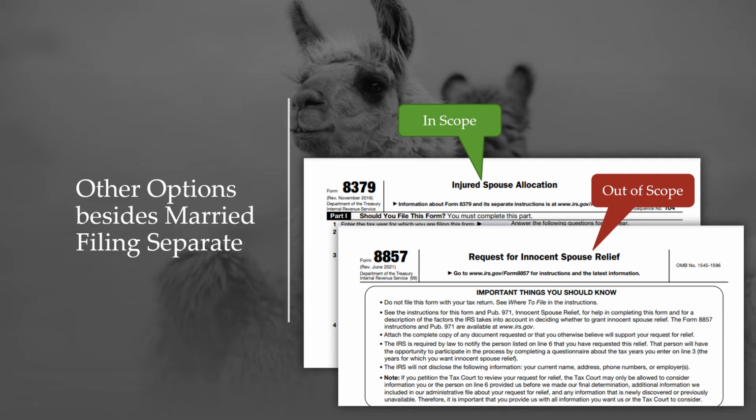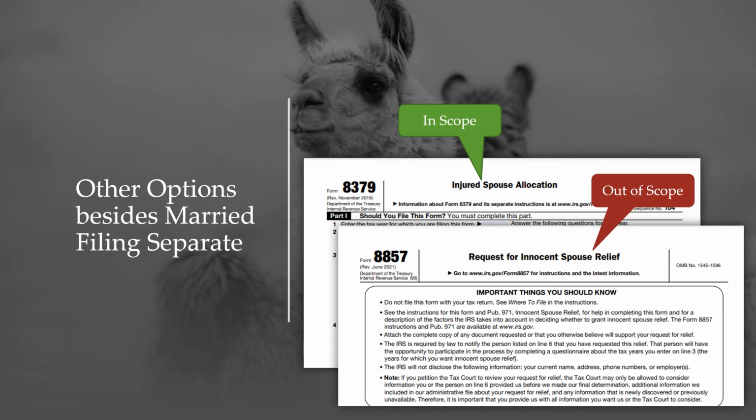In the case where one spouse has not been honest about their tax situation, there is request for innocent spouse relief, Form 8857. That is not filed with the original return. It is assumed that if one of the spouses has reason to believe that the other spouse is not going to be honest, that they would file separately at the time.